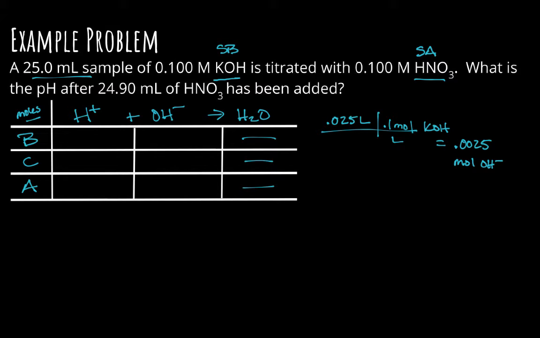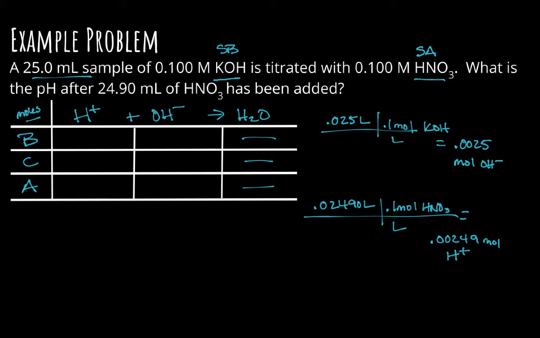And then I have 0.02490 liters of HNO3, which is also 0.1 mole per liter, which gives me 0.00249 moles of H plus. Then those values go into the BCA table.